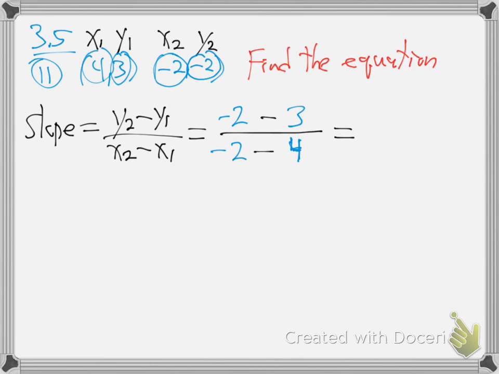So keep going. Negative 5 over negative 6. 5/6, because 2 negatives make positive? We good? How good are we? Is that making sense there for that slope?